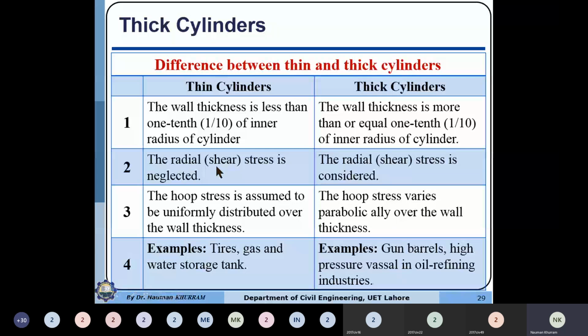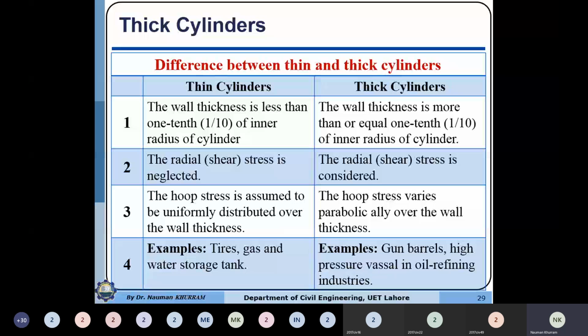Why? Because thickness is very small. But in a thick cylinder they cannot be ignored because thickness is significant, so change of this strain cannot be ignored. We can compute the variation of the radial stresses in the thickness direction. They tend to shear across the thickness. Hoop stress is assumed to be uniformly distributed over the wall thickness, along the length and also across the thickness.